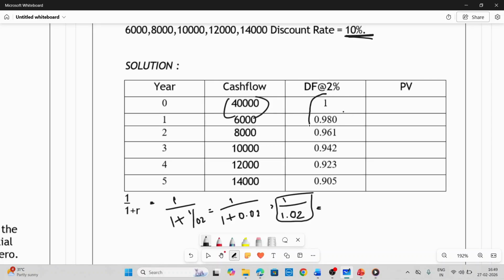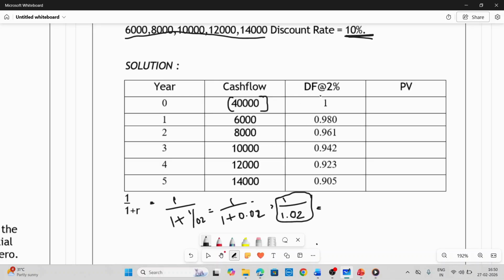Part of the calculation is shown in the previous video. This is the cash flow column. 40,000 is nothing but the initial investment. These are the discount rates mentioned here.